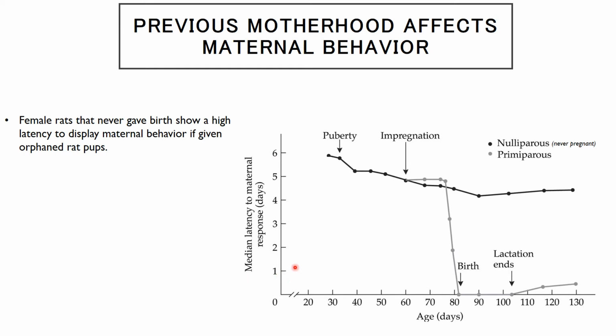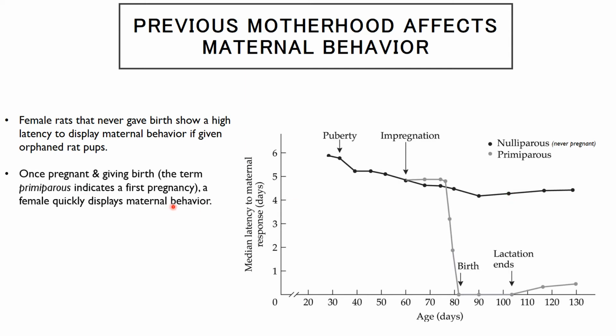The likelihood of seeing maternal behavior is very, very low. On average, for a relatively young, naive rat, it takes about 6 days to show maternal behavior. If you follow the nulliparous line, all the way up until about 120 or 130 days old, it gets a little bit better, but it still takes about 4 to 5 days of being exposed to infant rats before they start showing maternal behavior.